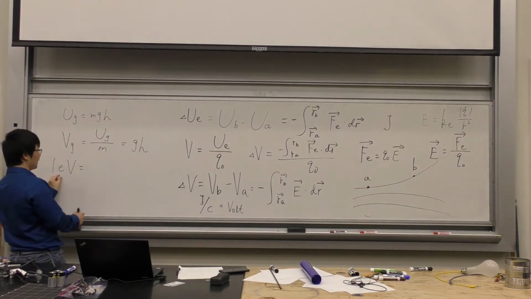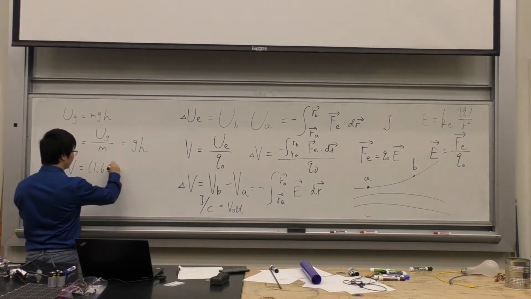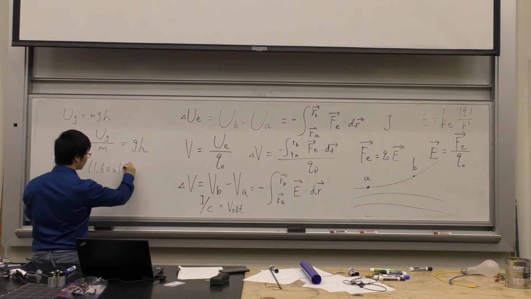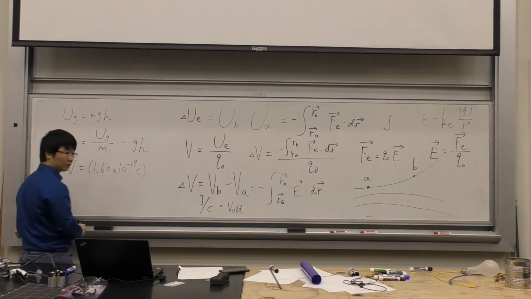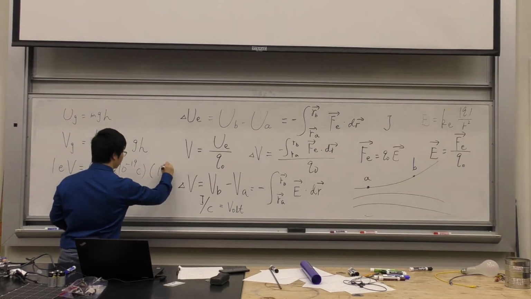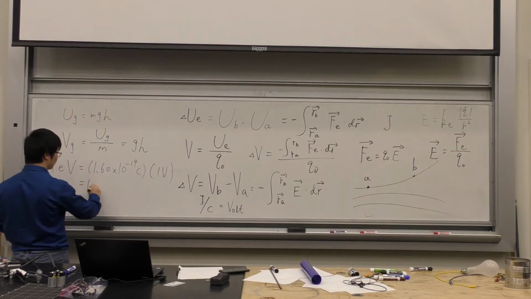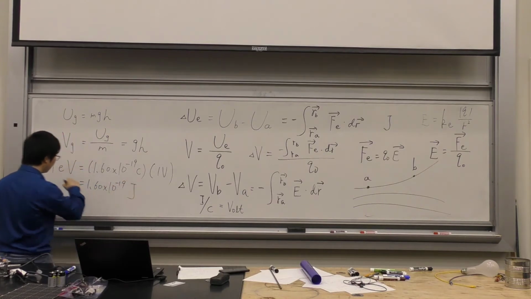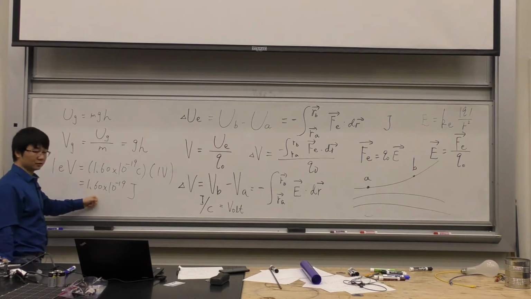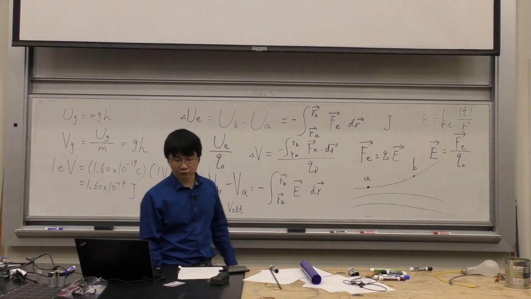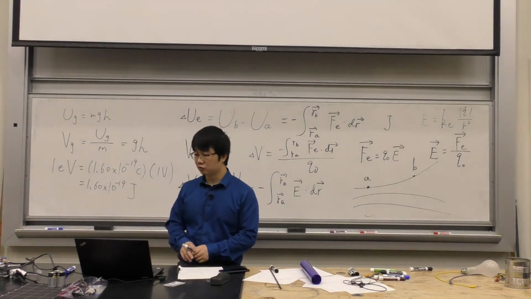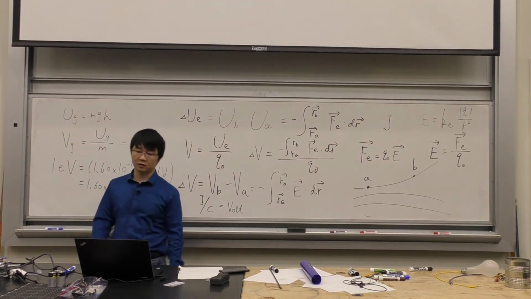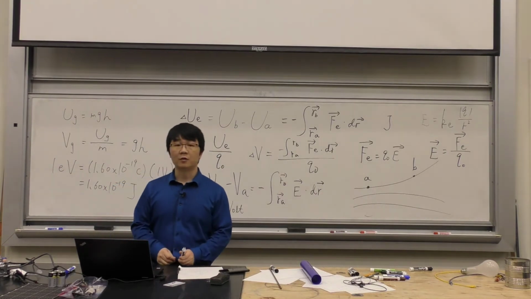So just replace this e with the amount of charge it represents, so this becomes coulombs and 1 volt, right? And then you just get this. Okay, so 1 electron volt equals this amount of joules. So very straightforward, the connection between these two units. This is not an SI unit, but it is widely used on the atomic or subatomic scale.